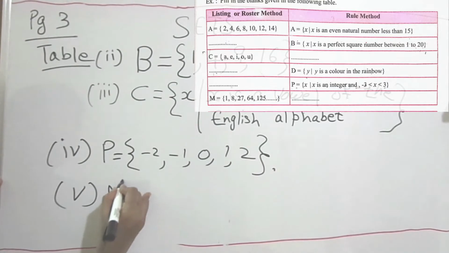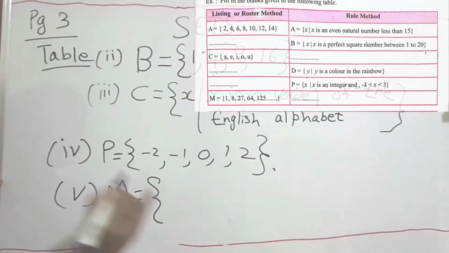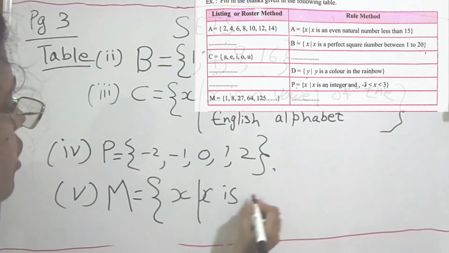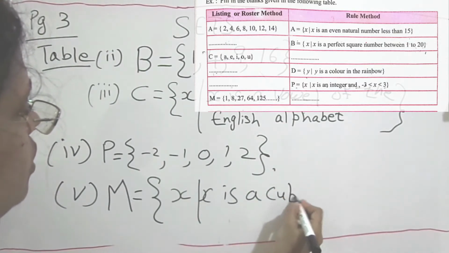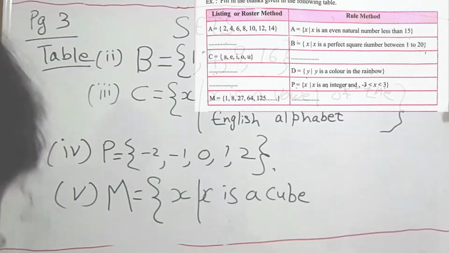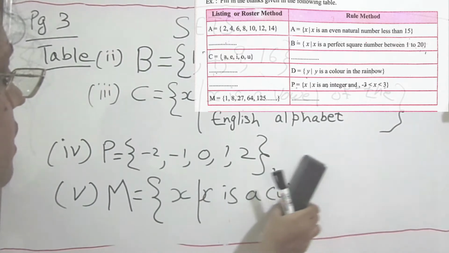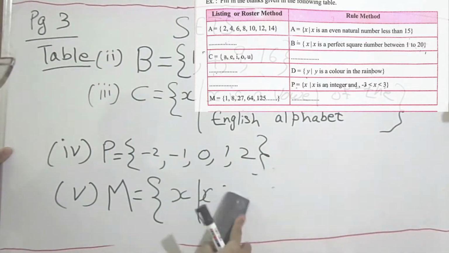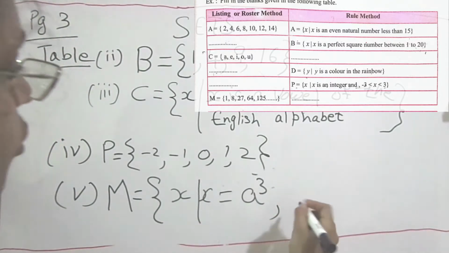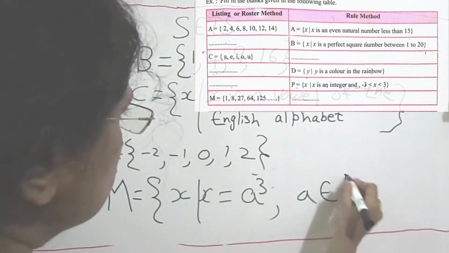So let us write, we have to write in set builder form. In set builder form, we assume the member as x. Now we have to explain what is x. x is a cube. Or we can better write it as x equal to a cube, where a belongs to natural numbers.